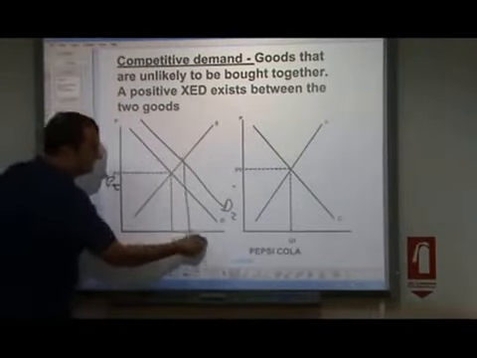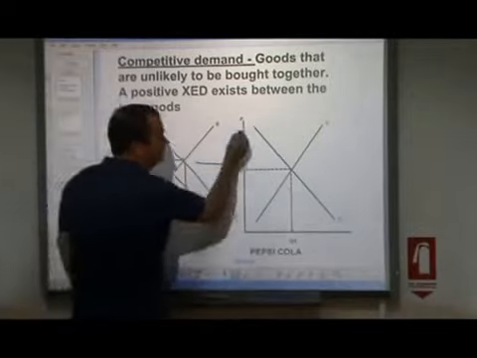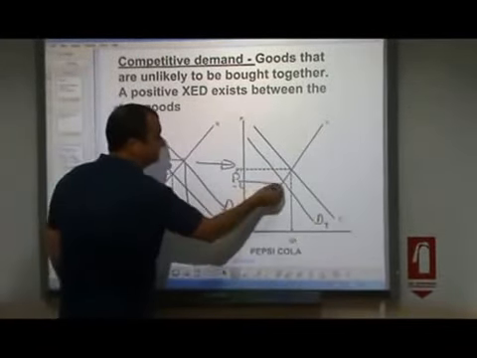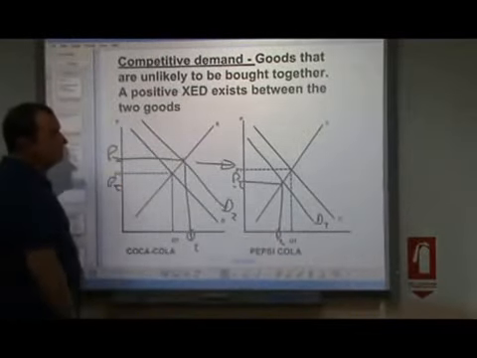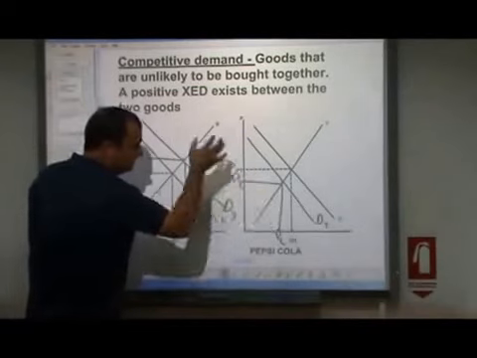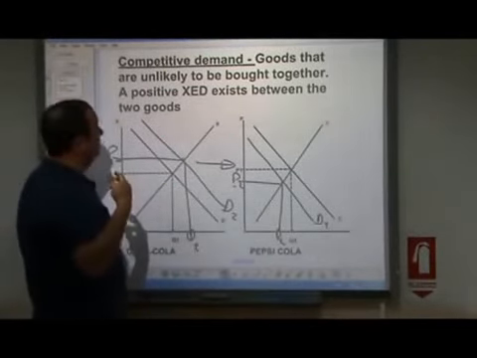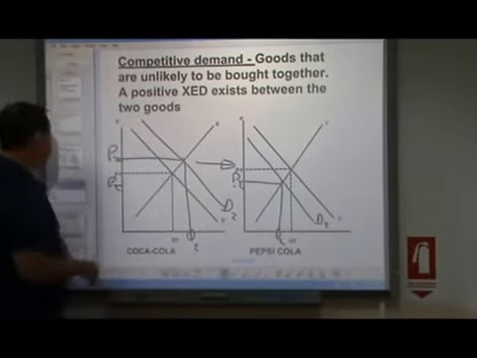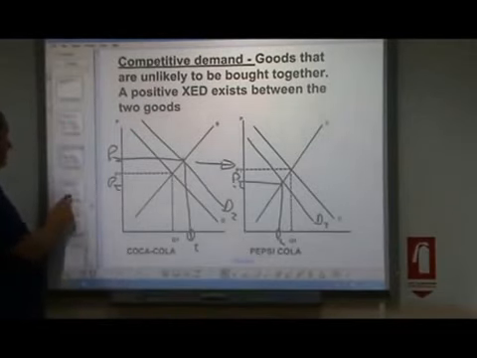That raises the quantity, it raises the price, and it will lead to a fall in the demand for the substitute good. Again, the price falls and the quantity falls. So clearly the market for Pepsi is affected by things happening in the Coca-Cola market, because they are in competitive demand, they are substitutes. Okay, let's move on now to a slightly more difficult concept.